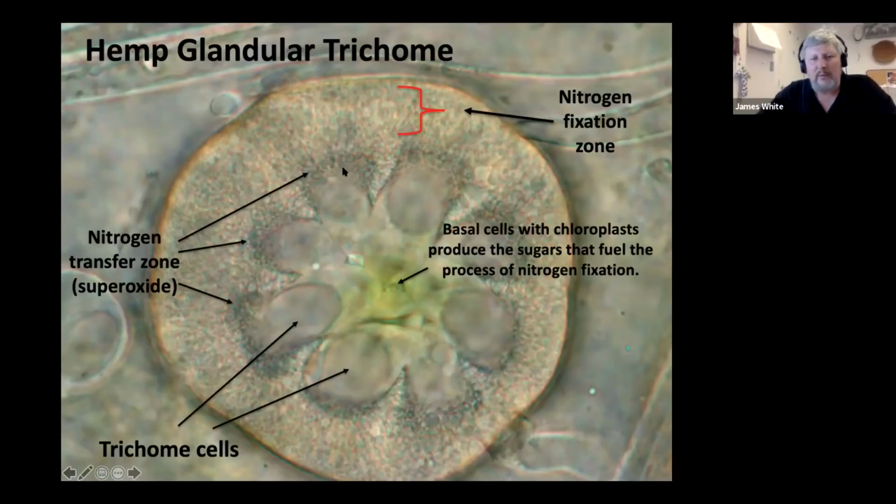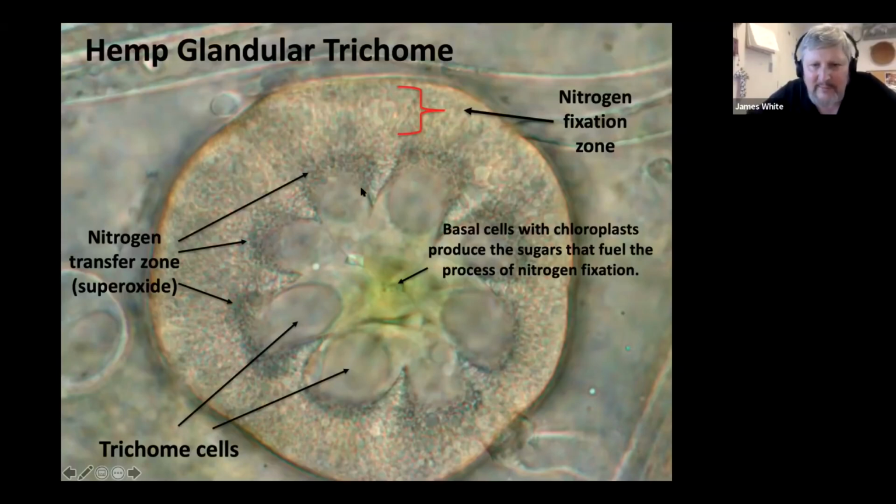In the center, we have our trichome cells, several of them. I heard it's 8, and it looks exactly like 8: 1, 2, 3, 4, 1, 2, 3, 4. 8 cells. And you can see where it interfaces with these bacteria. The interface is blue. That's stained for superoxide, the NBT stain that shows blue.